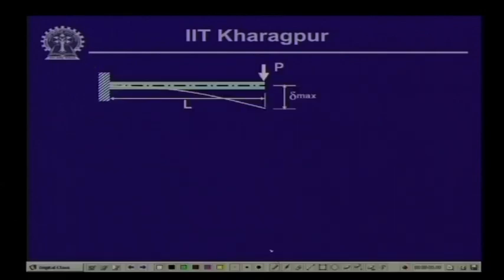Now we take the moment at any cross section for evaluating the deflection curve.